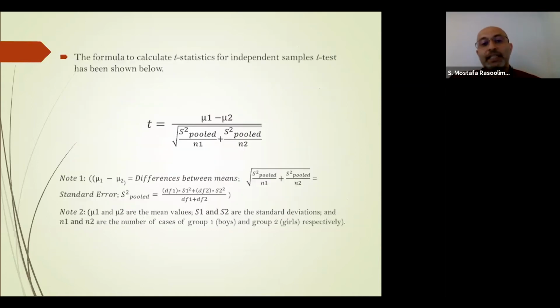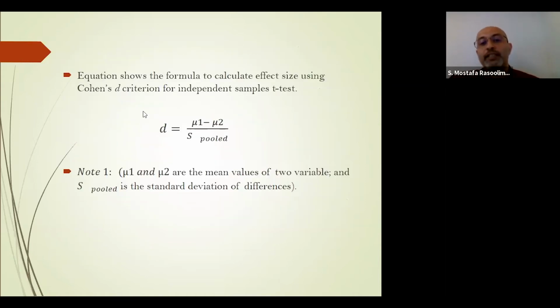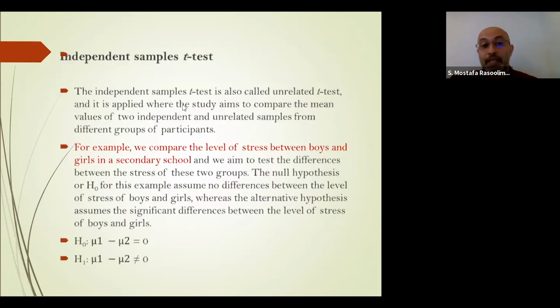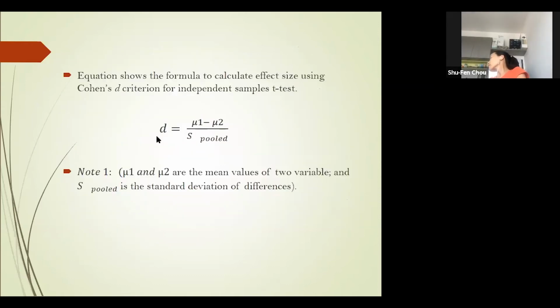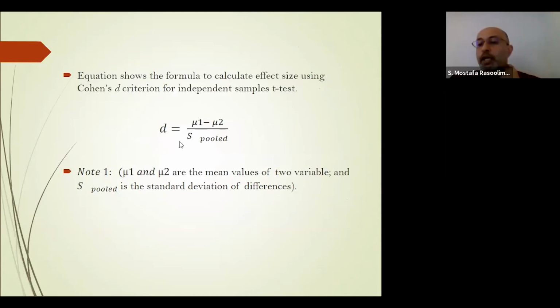And this is the formula for calculating effect size for independent sample t-test. So the software gives you the significance of this test, but if you want to calculate effect size, it should be calculated manually.